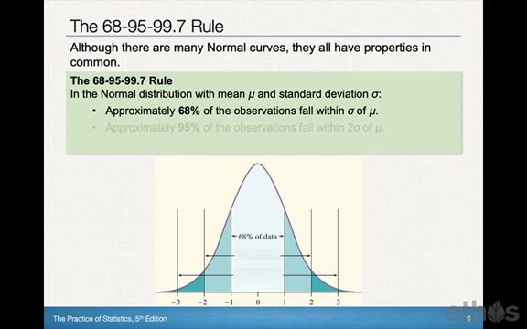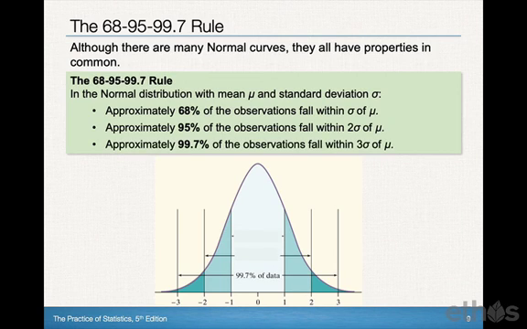Okay, so in a normally distributed set of data, here is what they call the 68, 95, 99.7 rule. It's also called the empirical rule, and you'll see it described that way in the book, and you'll hear me use it, and they'll use it on the AP exam, so also know that name of this rule, the empirical rule.